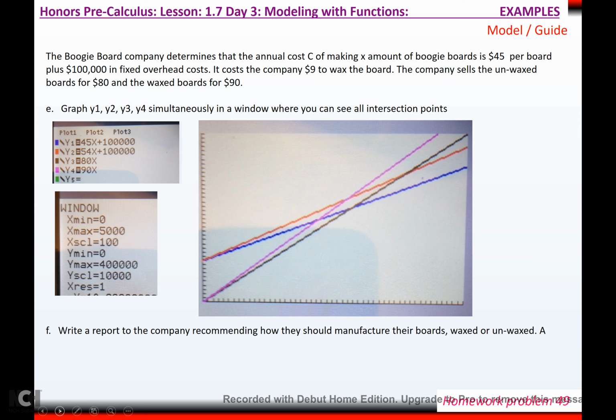The blue line is your unwaxed cost. The orange line is your waxed cost. The black line is your revenue for unwaxed. And the purple is your revenue for waxed.